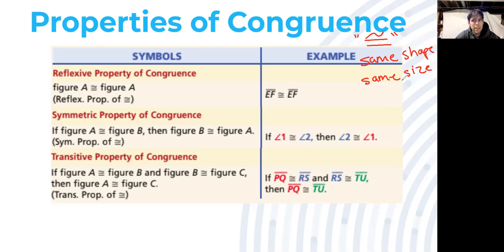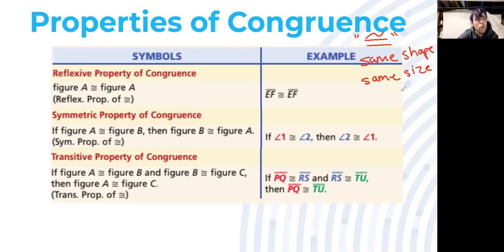Because equal just means that the numbers are the same. And we don't use equal when we're talking about shapes. We use equal when we're talking about maybe the parts of the shape, like the length of a segment, or the measurement of an angle, or the area of a triangle. When we're talking about specific measurements, we can use equal.